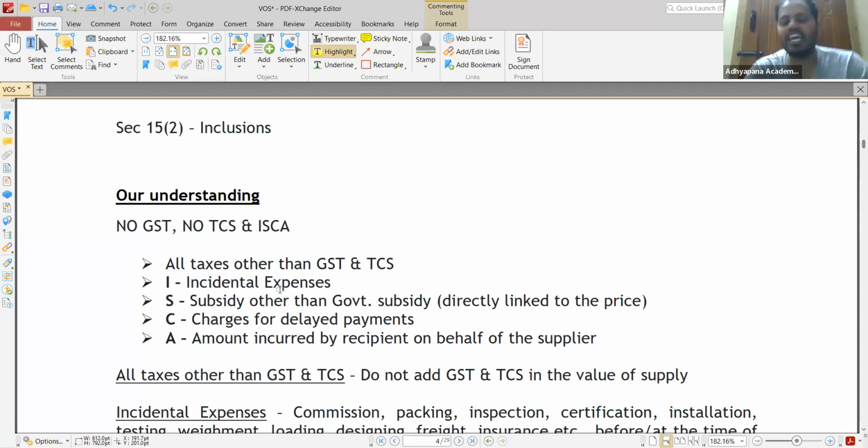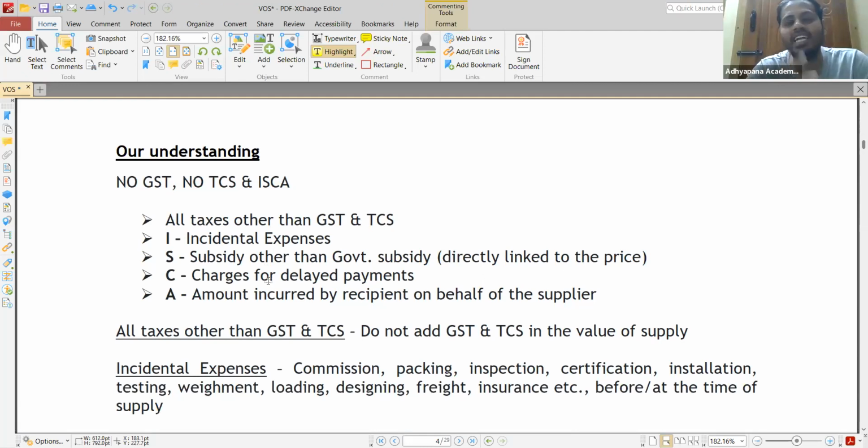ISCA: I for incidental expenses, S for subsidy other than government subsidy, C for charges for delayed payments, A for amount incurred by the recipient on behalf of the supplier.